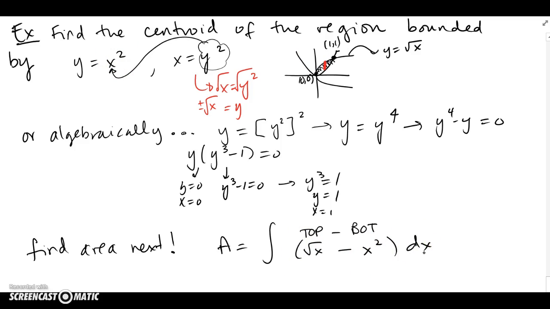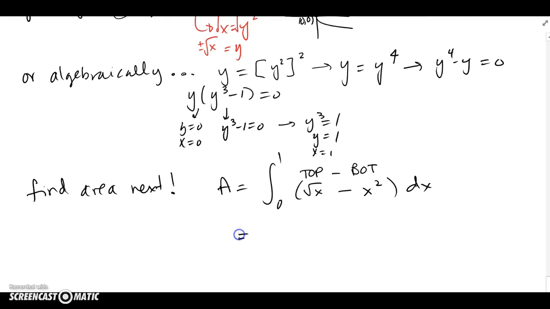So top minus bottom, and going through it from left to right, 0 to 1 are my limits of integration. So we end up with x to the half, integrated x to the 3 halves over 3 halves, which is 2/3, minus x cubed over 3 from 0 to 1, and that's going to end up giving us 1/3 if we punch it in. So we found the area of the region.